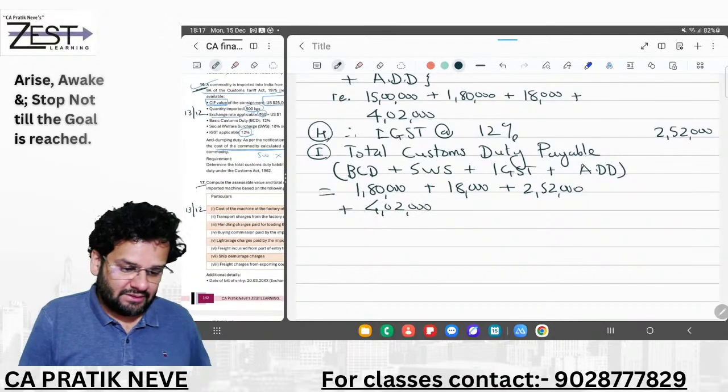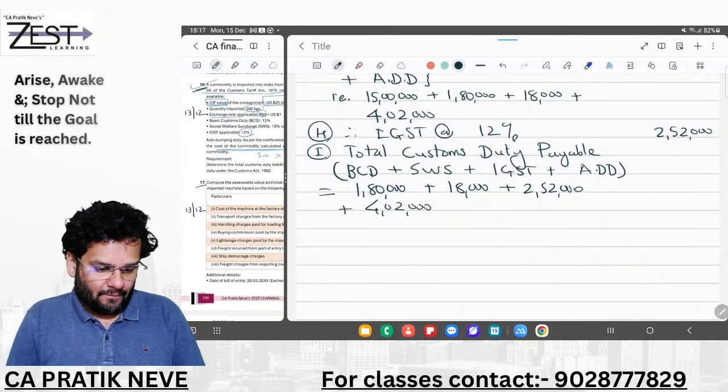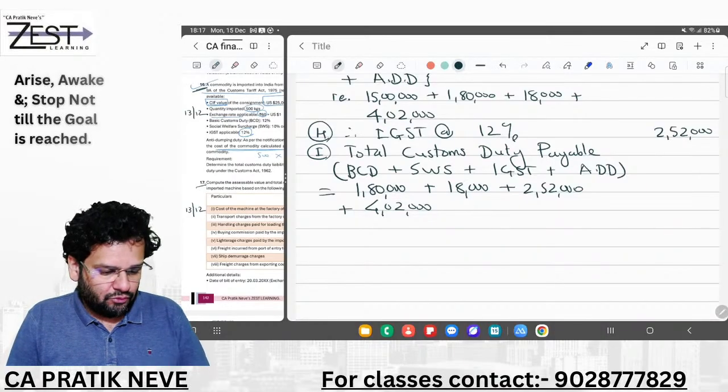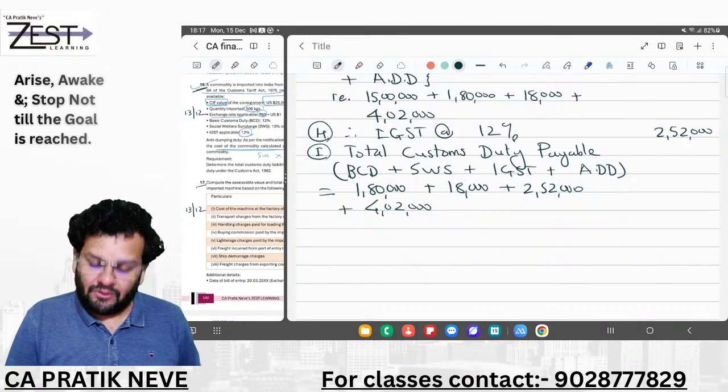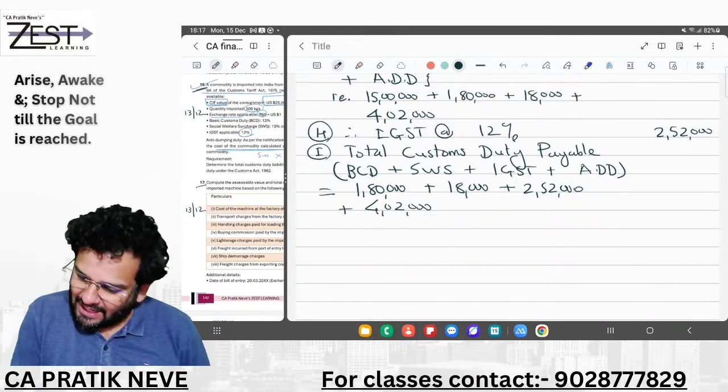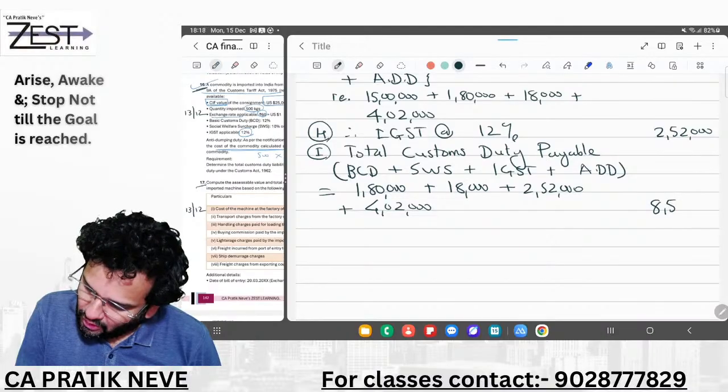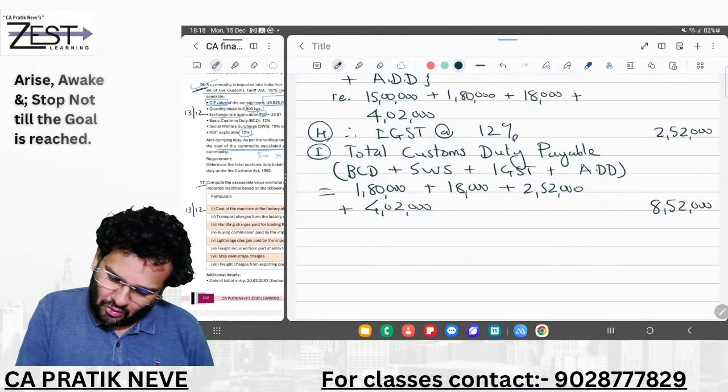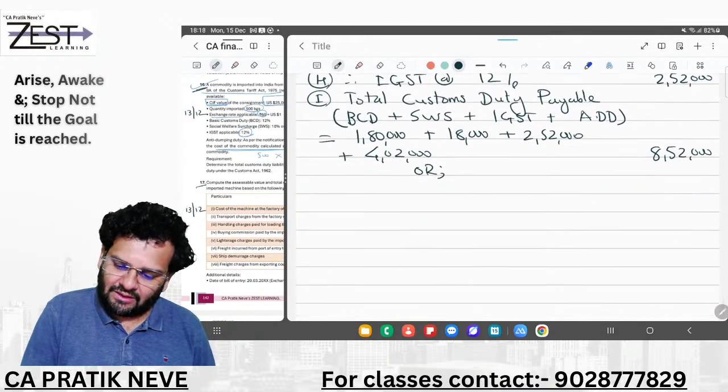Add all these: 1,80,000 plus 18,000 plus 2,52,000 plus 4,02,000. You must be getting 8,52,000. Or there is a shortcut, or you can say you can cross check like this.